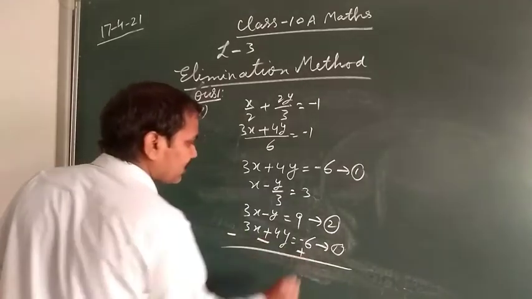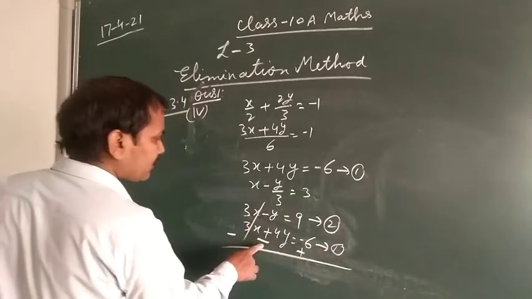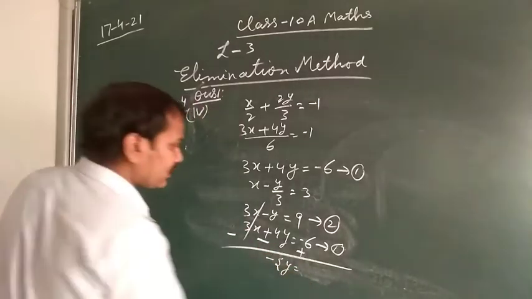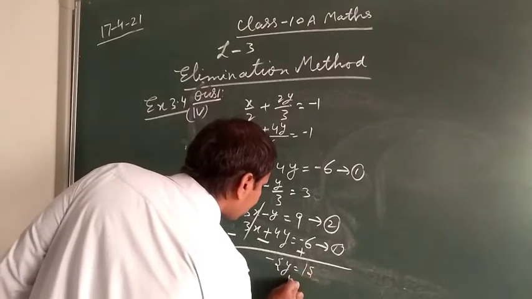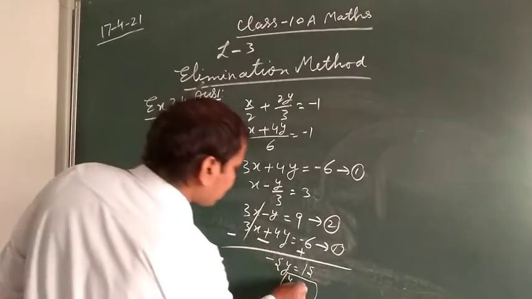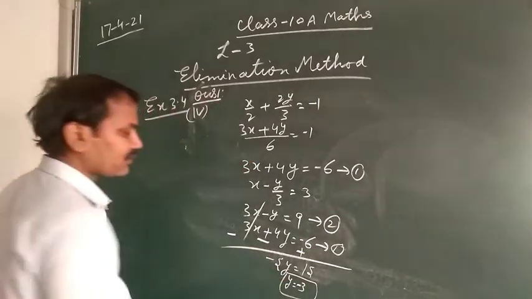Change the sign here, minus plus cancel, minus 1 minus 4 is minus 5y, and 9 plus 6 is 15. So y is equal to minus 3, because here it is minus 5.